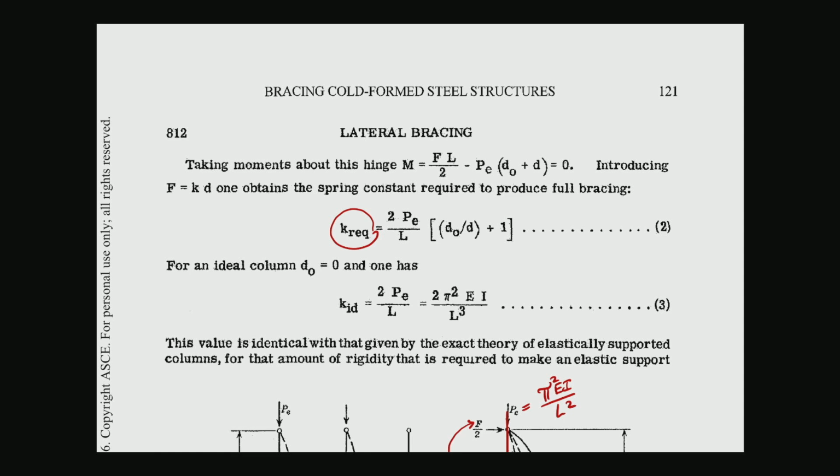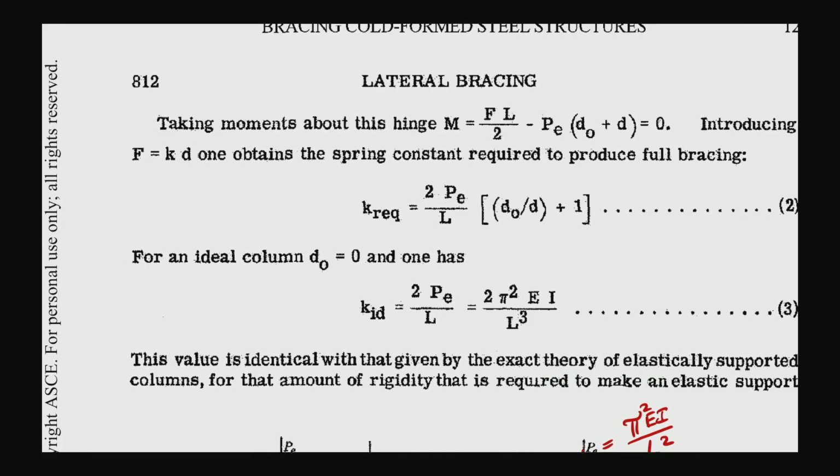And then for the ideal column, the point is that the d naught is the problematic part, because if we have the d naught, then this whole thing is something you don't know.